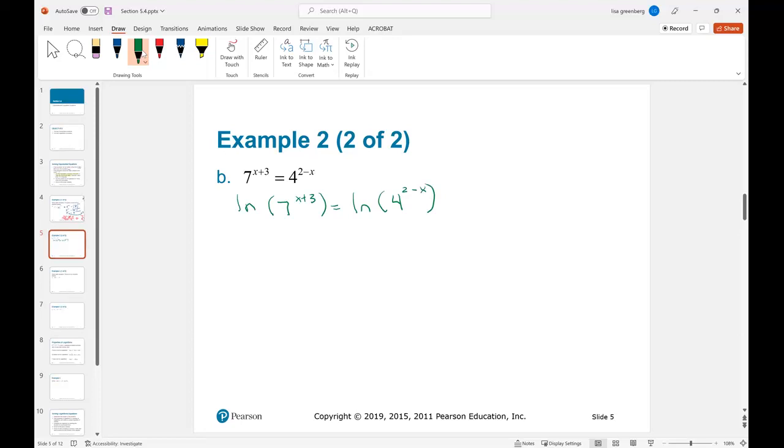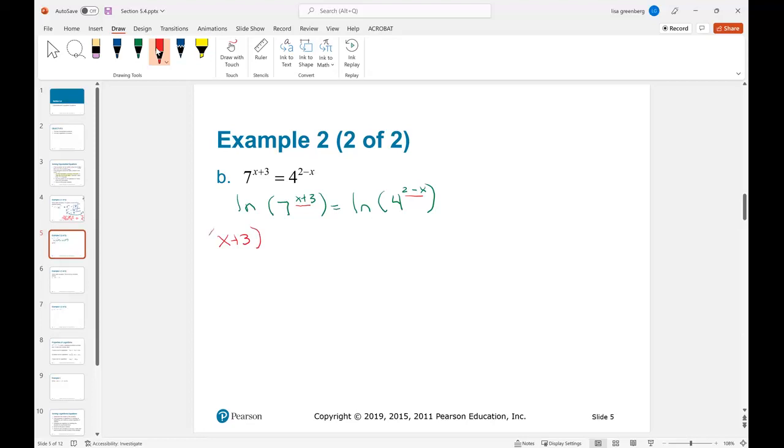Now I can use my log rules. Once I have a log function, I can use my log rules. I'm going to use my power rule because I want to be able to solve for x, and x is in the exponent. So I'm going to change this to x plus 3.